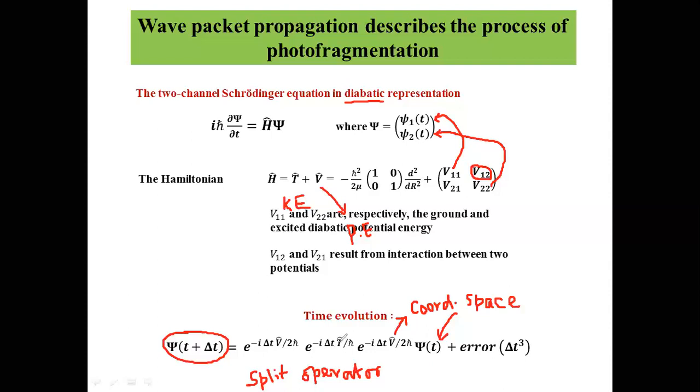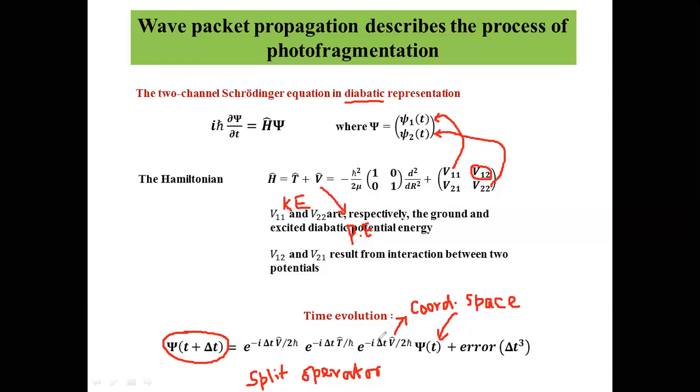Now look at the kinetic energy operator T. This is in the momentum space. So can we directly multiply this on this? Answer is no. So what we have to do: initially my wave packet is in the coordinate space. Then I multiply this potential energy operator, which is also in coordinate space, directly.